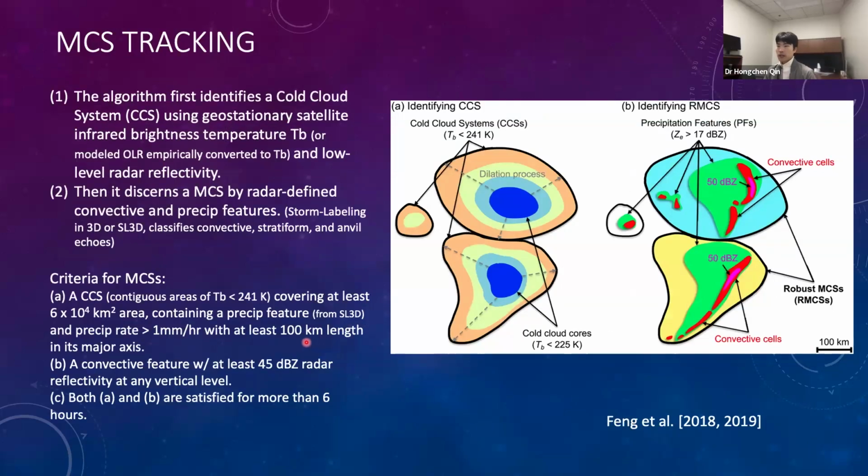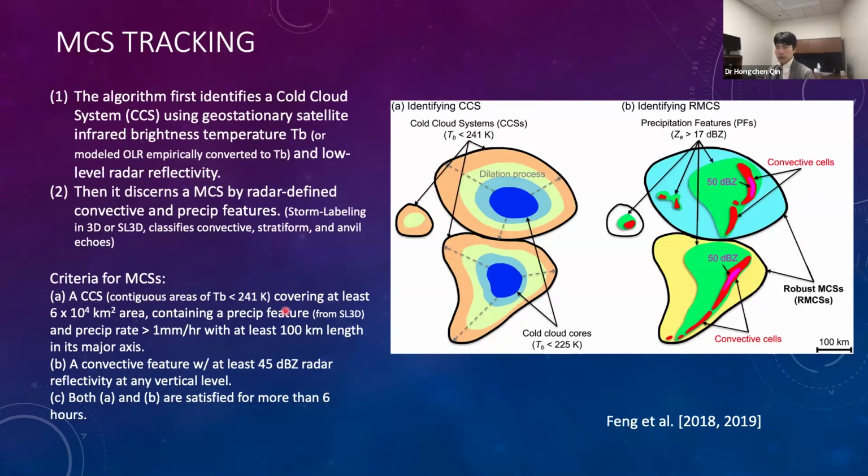For the MCS tracking, first, the tracking algorithm identifies a cold cloud system, or CCS, using geostationary satellite infrared brightness temperature, TB, and low-level radar reflectivity. Then it discerns the MCS by radar-defined convective and precipitation features.